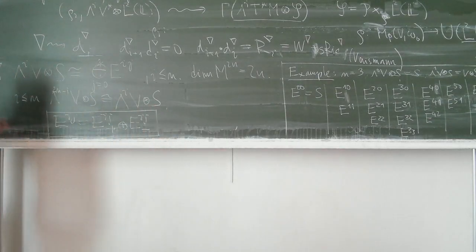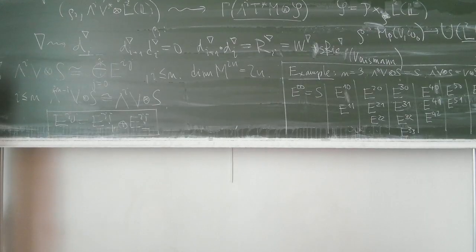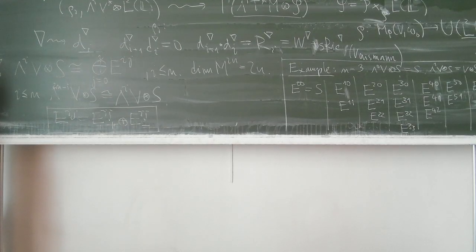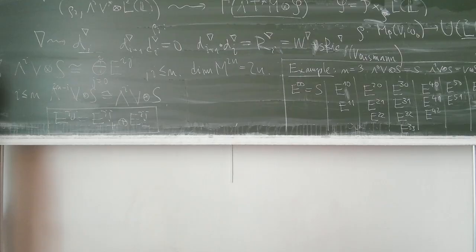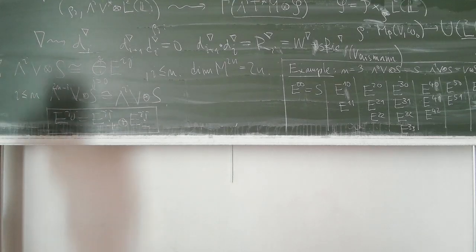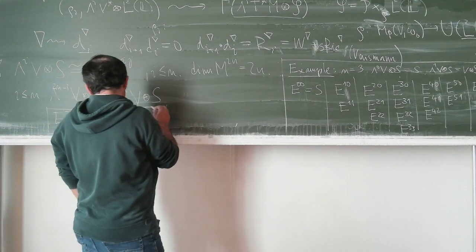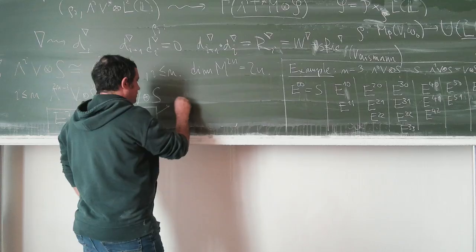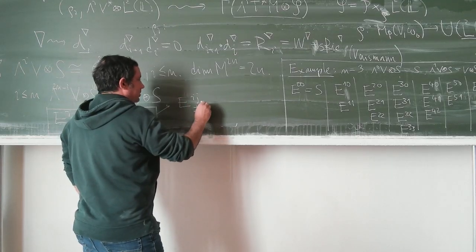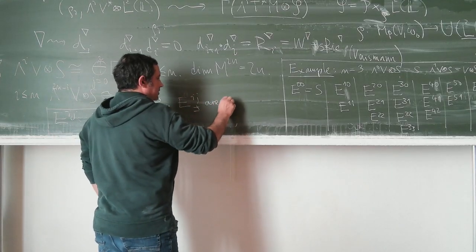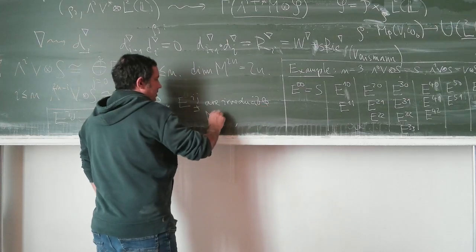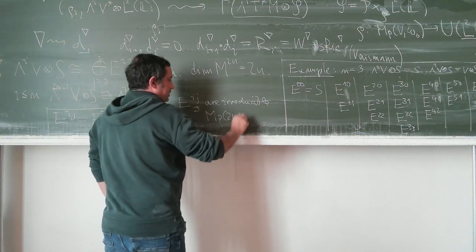These irreducible decompositions can be proved using formulas of Bernstein. So the result is that E^{ij} plus minus are irreducible.